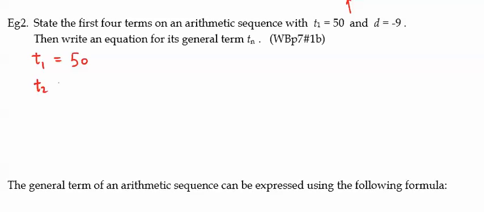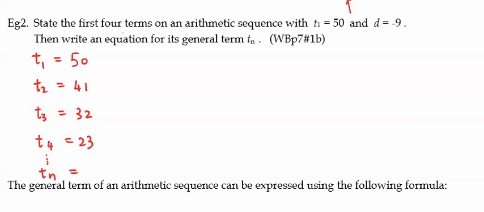So the second term in this case would then be down by 9. So that would be 41. Term number 3 in the sequence would then be 32. And then 23. So how do we come up with a formula for all these terms after 23?